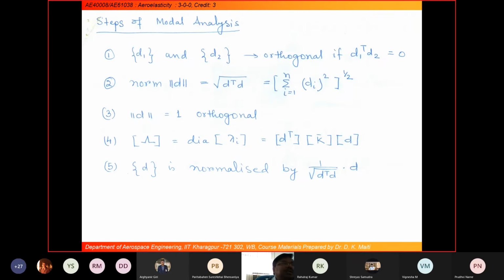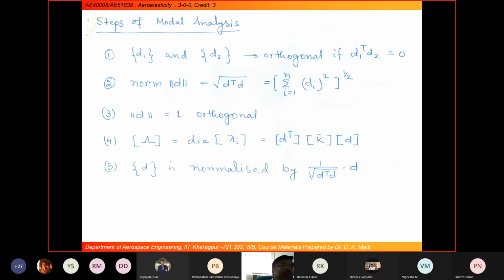So let me now come to the general steps of modal analysis. First, let's say D1 is the first modal vector and D2 is another modal vector. The orthogonality condition is that D1 transpose D2 should be equal to 0.